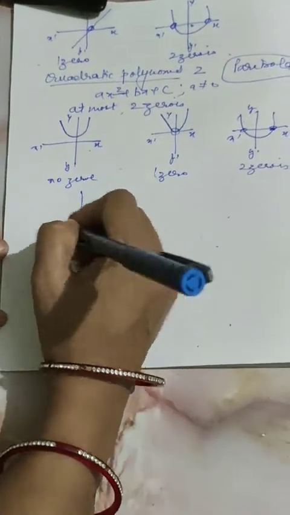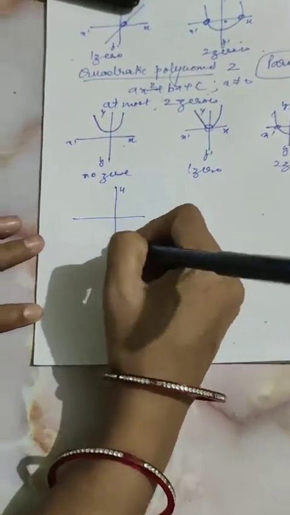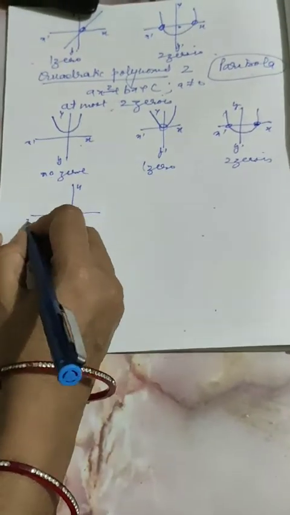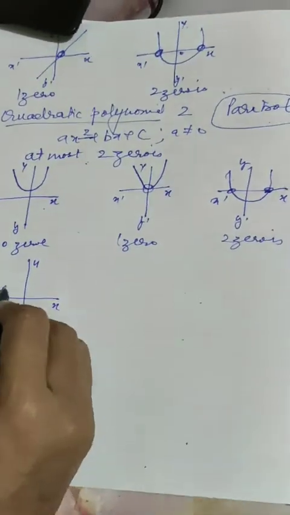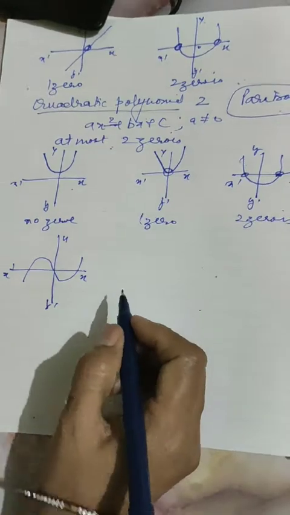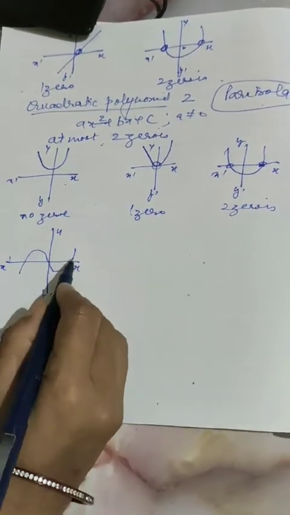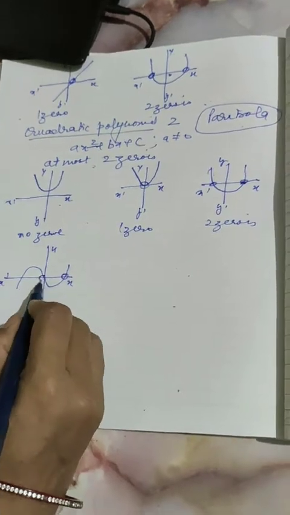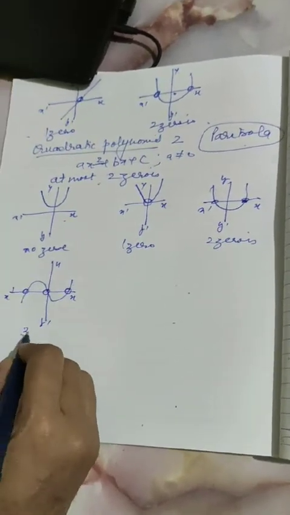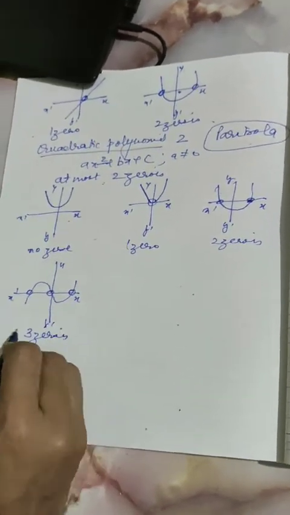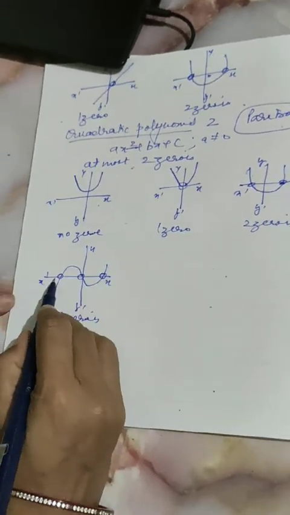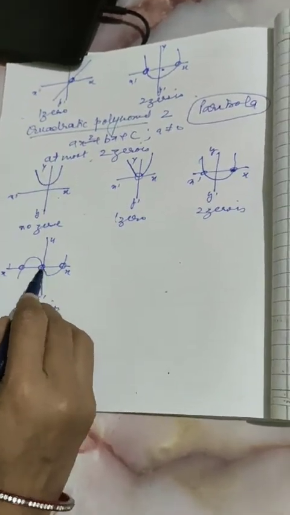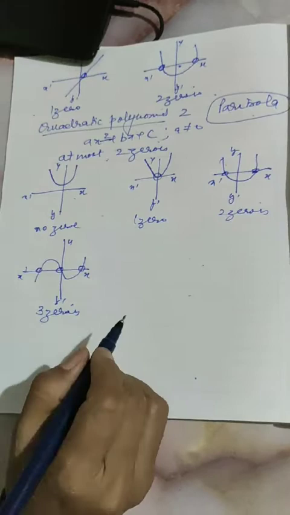For example, how many zeros is this polynomial having? You can see the polynomial is intersecting the x-axis at 3 points. 1, 2, 3. So 3 zeros. And their x coordinates, that is abscissa, will give those zeros.